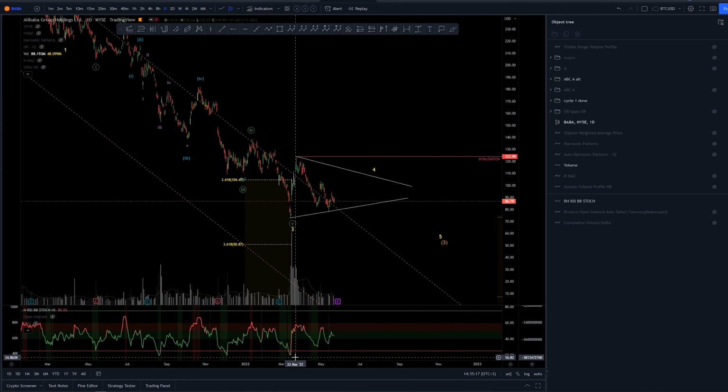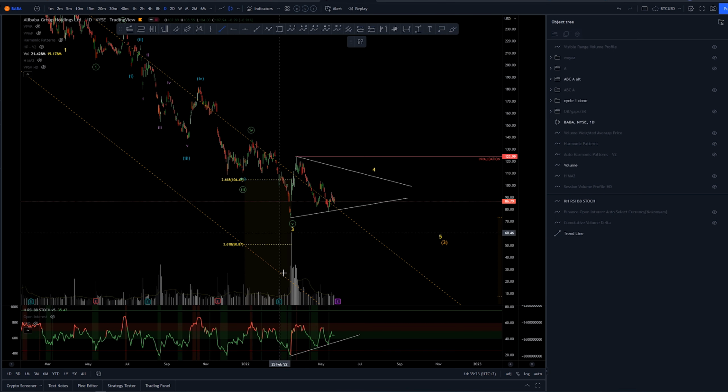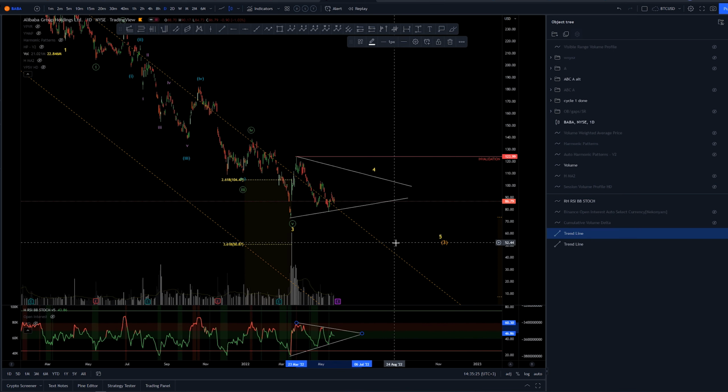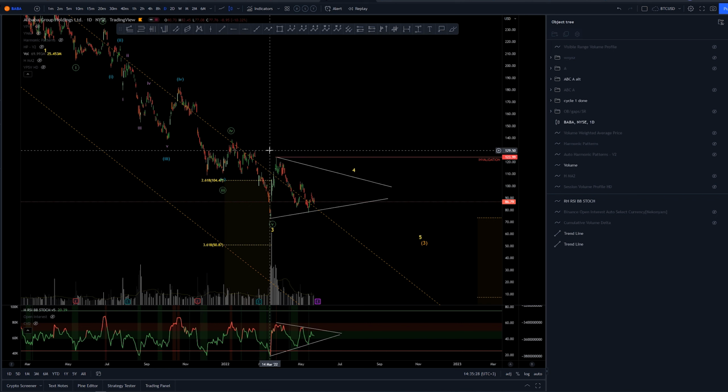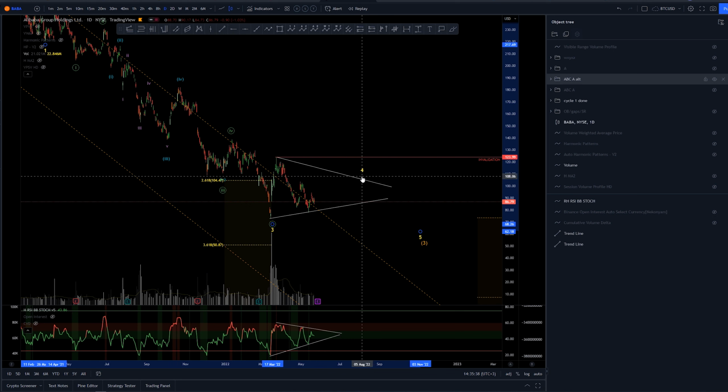We can see on RSI two different lines here that are contracting, same as in price currently at least. If we break these lows here, of course this takes this triangle out of the question, but this definitely is still in play.